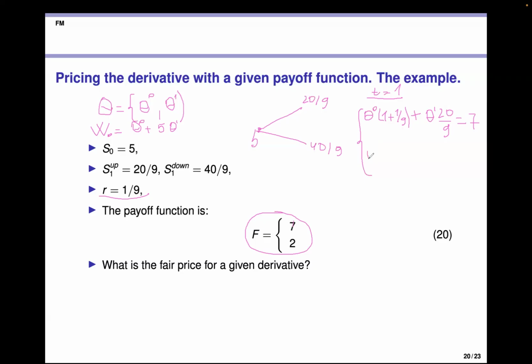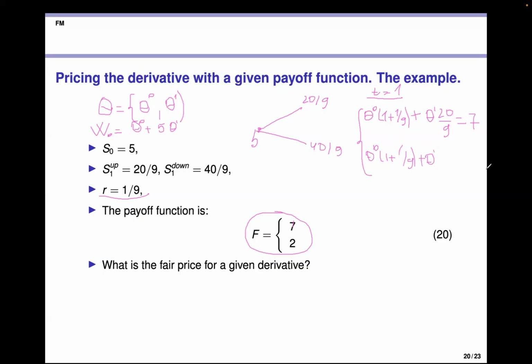About down, it's similar. We take theta 0, multiply by 1 plus r, it is the same. And then we add theta 1 multiplied by 40 divided by 9, the down scenario.